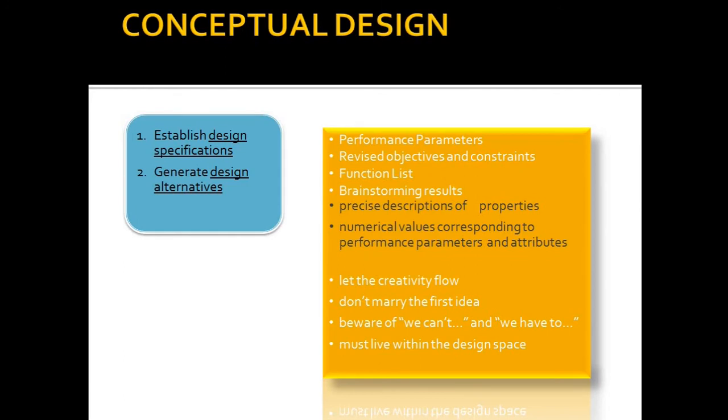Maybe you may see a gearbox working at different speeds, helping to move the wheel at different speeds. What are the performance parameters in your innovative idea? What are the revised objectives and constraints? What are the function list and brainstorm results which you have got while making this project? And you have to be very creative in this work.